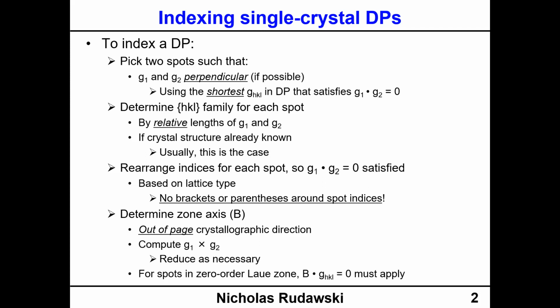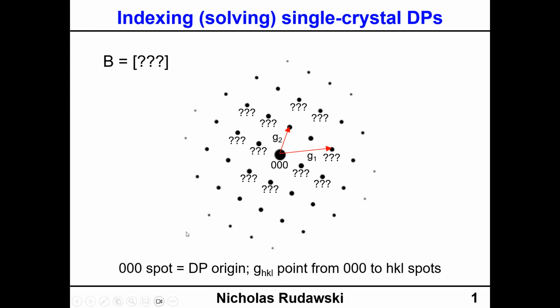A neat consequence of computing the cross product of 2 reciprocal space vectors is you get out a real space vector, which is B. Another thing that has to be satisfied is that I have to get a zero dot product with B and all of the G vectors that are in this Laue zone.